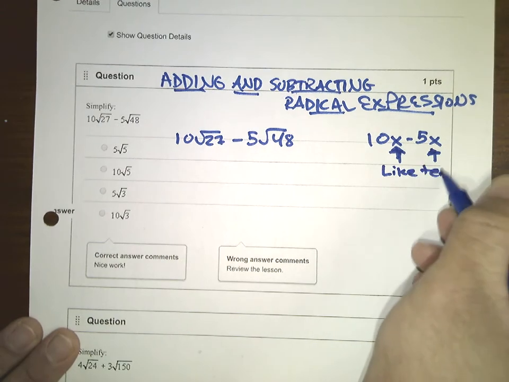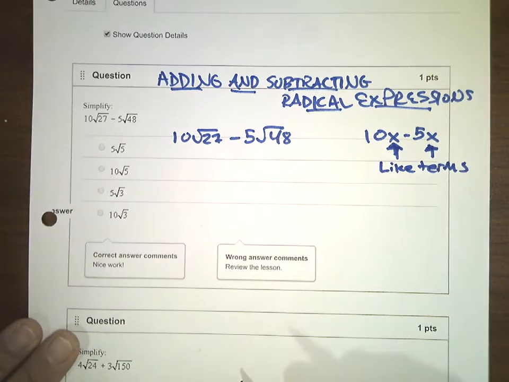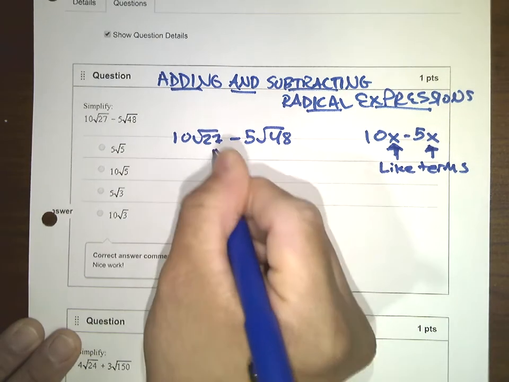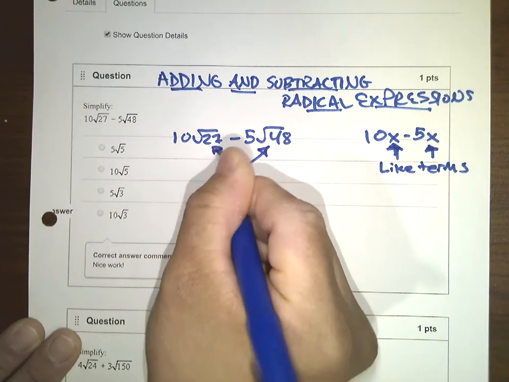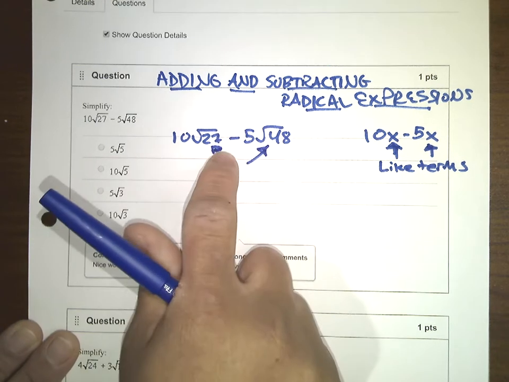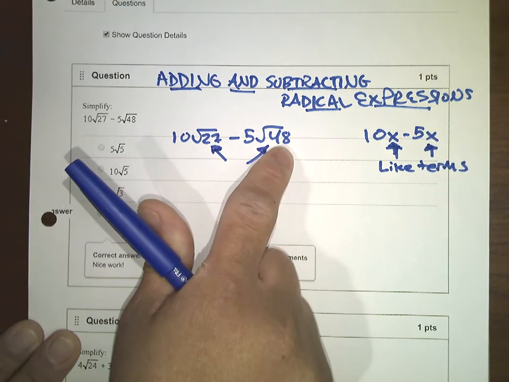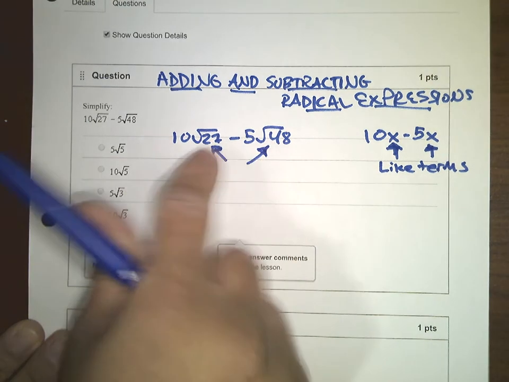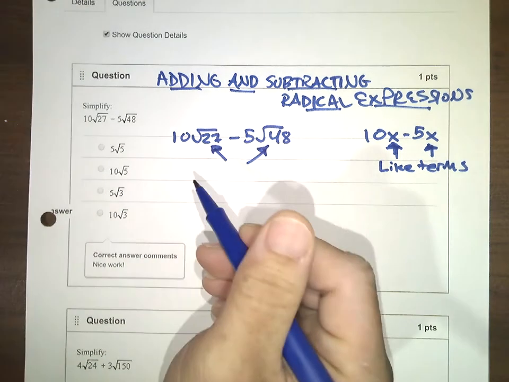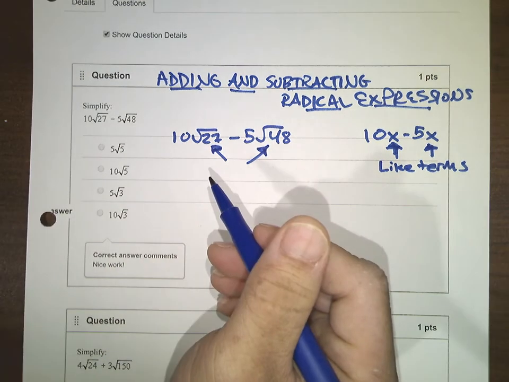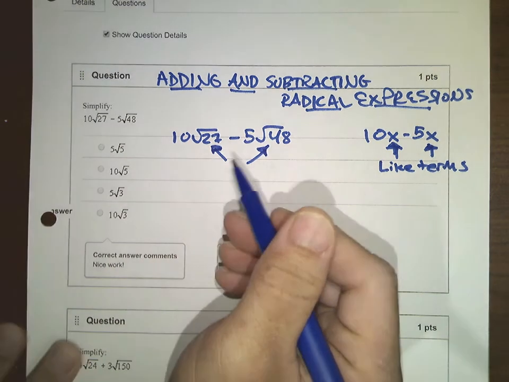So when you are adding and subtracting radical expressions, you need to have like radicals, and here you see one of these is square root of 27 and one of these is square root of 48, so we can't actually subtract these. So let's go ahead and simplify each of these square roots here.